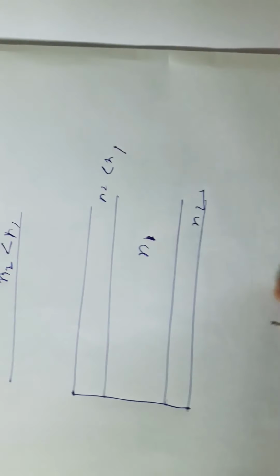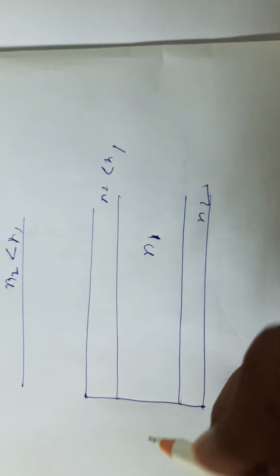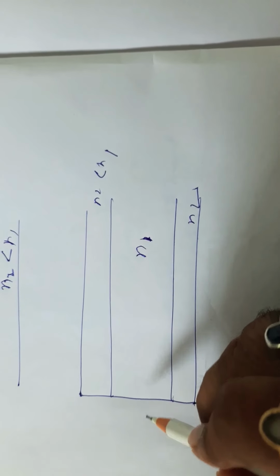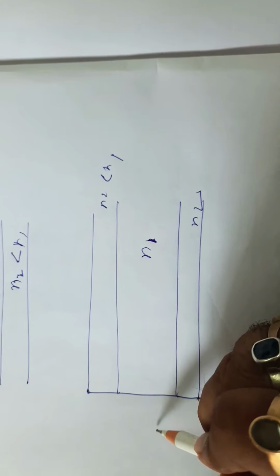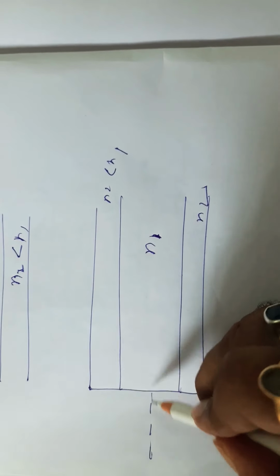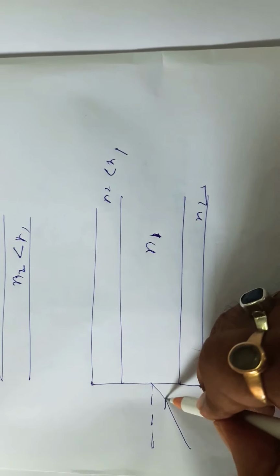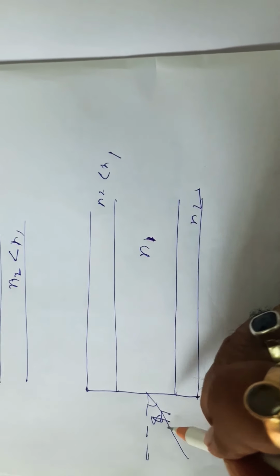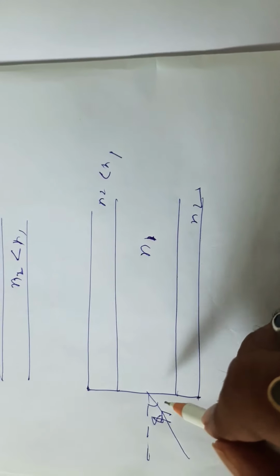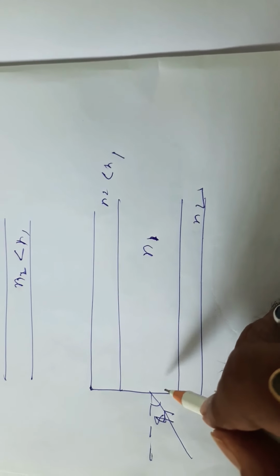So we will allow the light. We consider a ray of light entering into the core of a step index optical fiber, making an angle phi with respect to the normal at the core surrounding medium interface.